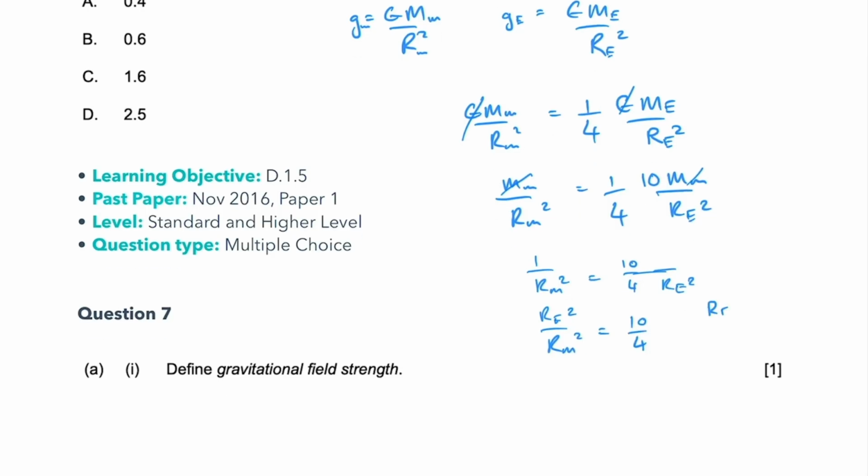So R_E over R_M, which is the ratio we're looking for, is equal to the square root of 10 over 4. Now, 10 over 4 is 2.5. The square root of 4 is 2, so it's got to be less than 2. And the square root of 1 is 1, so it's got to be between 1 and 2. So the answer is C.